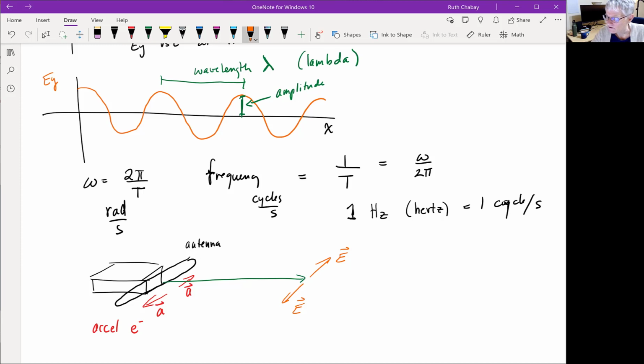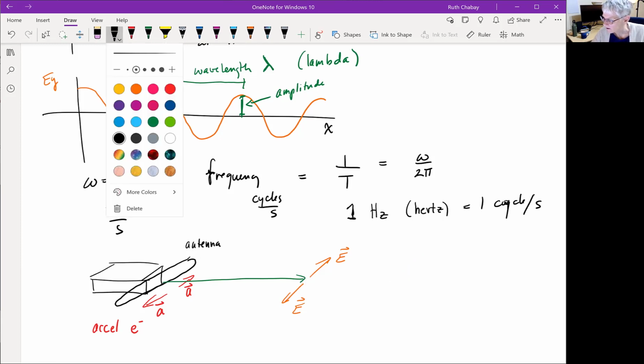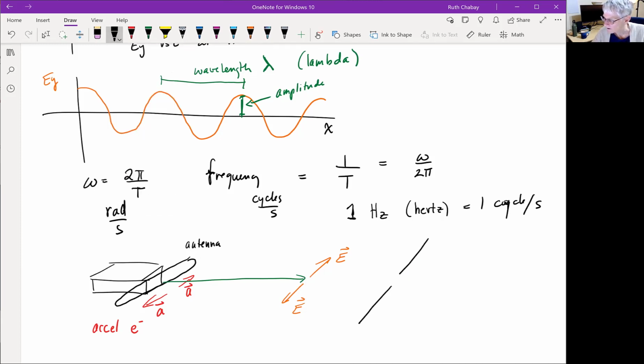What happens if we have a piece of wire here with a light bulb in it? Here comes this radiation with electric fields oscillating this way and that way. It gets to our piece of wire, and it can drive electrons in the wire and in the light bulb.